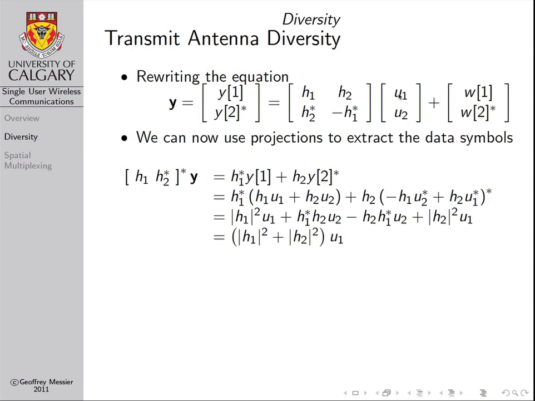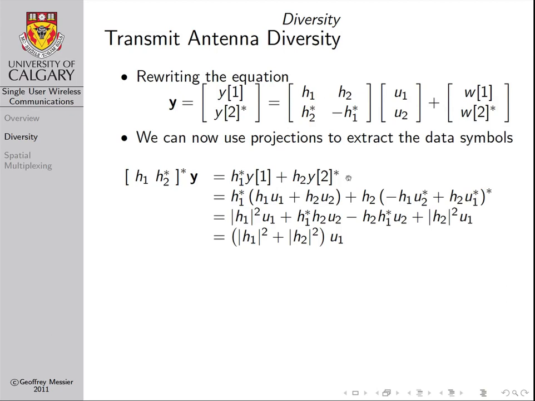The way we achieve this is basically to use projections. In order to extract our first information symbol, U1, we take our received signal vector Y and take its projection onto the first column of our channel matrix.